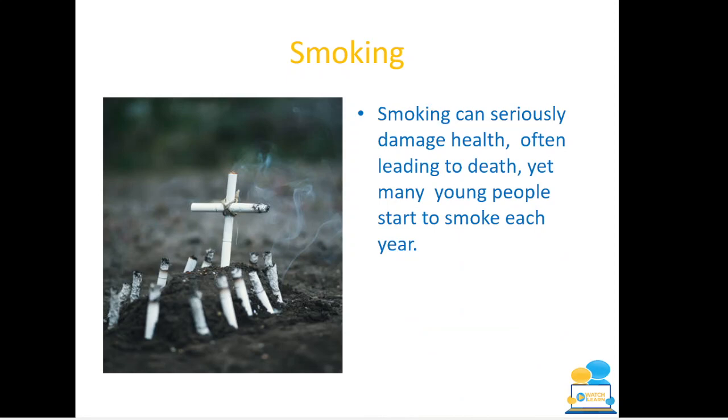So smoking, everyone knows, leads to premature aging and death, and there are so many people who start to smoke from when they're young teenagers because it's seen as the cool thing, but in fact it's detrimental to your health.